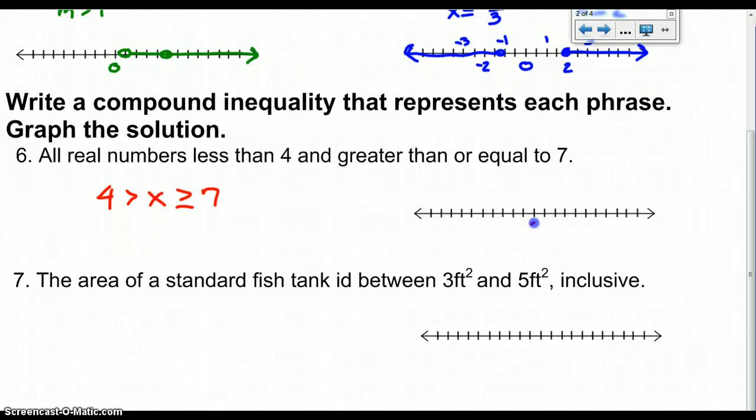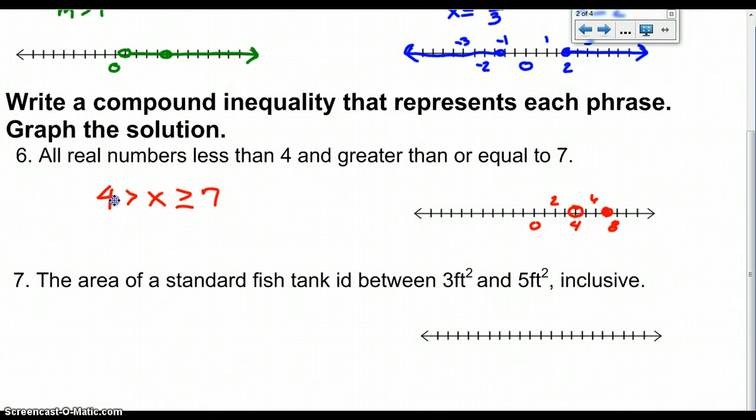Let's put a 0 here, and I'll count up by 2's: 4, 6, 8. I just go opposite so it'll be easier to see. Okay, so we put an open circle on 4, and then we put a closed circle on 7.